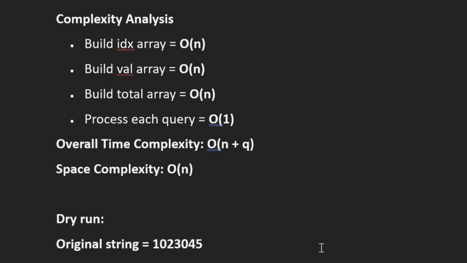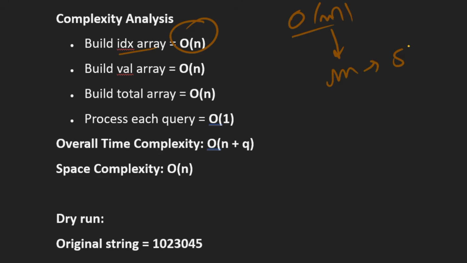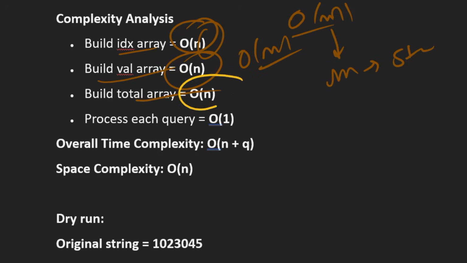Now if we see the complexity, to build the index array we take big O of m time, because m is the string length. To build the value array, again we take big O of m time. And to build the total array, again big O of m time.